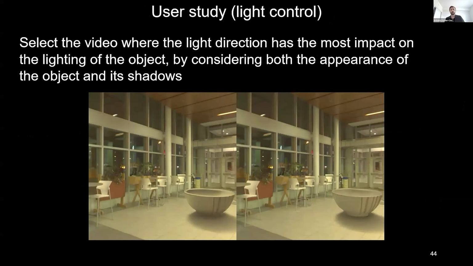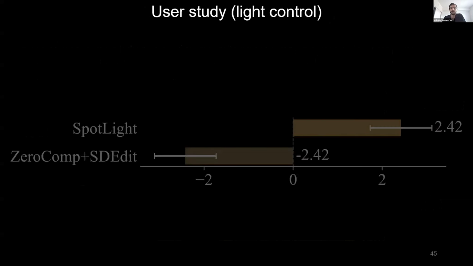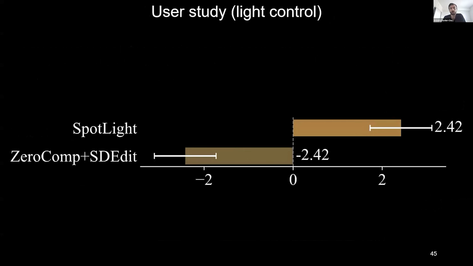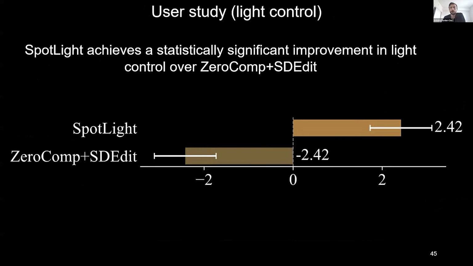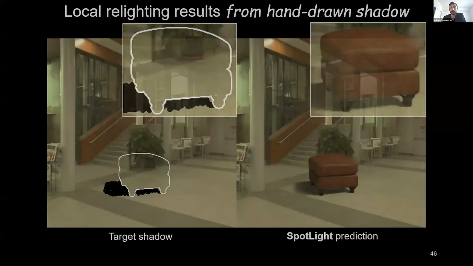So we also created a user study where we asked the users to click on the video where there's more control over the lighting. So this evaluates a second aspect, which is control, not realism, and we beat this baseline by a good margin. We also have quantitative metrics in the paper, of course.